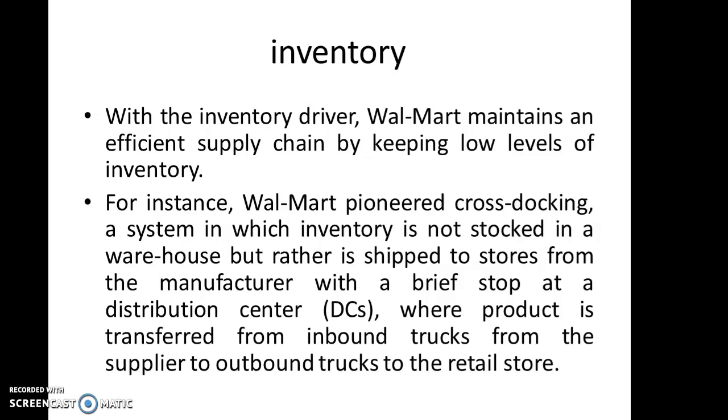How is it possible? The goods are shipped to stores from the manufacturer with a brief stop at a distribution center. So mostly the product is transferred from inbound trucks to outbound trucks, so that the inventory is almost zero or very less. That is why it's called a cross docking system, which helps Walmart to maintain less inventory but at the same time ensure product availability.